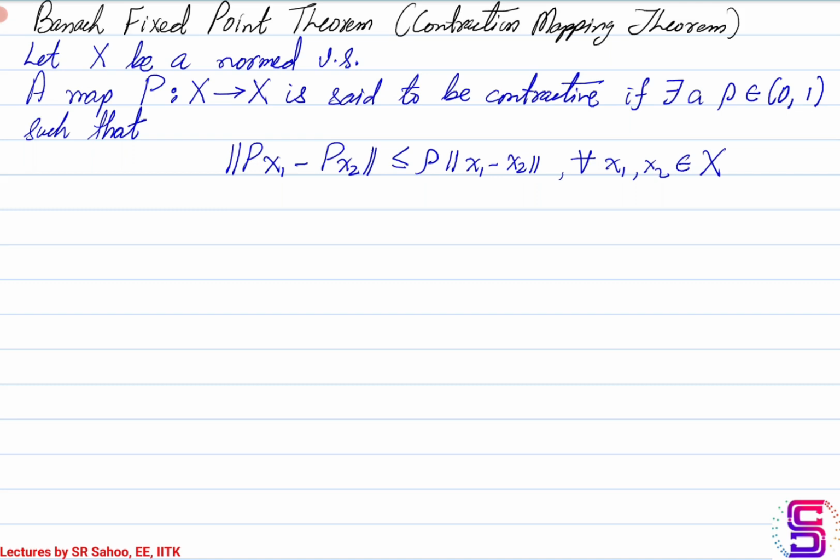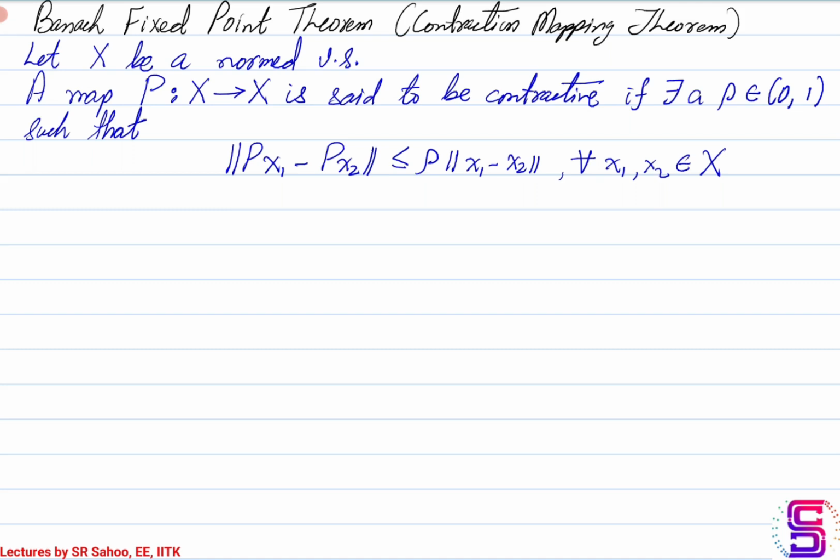So what this is trying to say is, suppose you take a vector x1 and another vector x2. You take the difference between those two vectors and take the norm of it. Now the norm in some sense gives you an idea about distance. So the norm of x1 minus x2 essentially indicates the distance between x1 and x2.